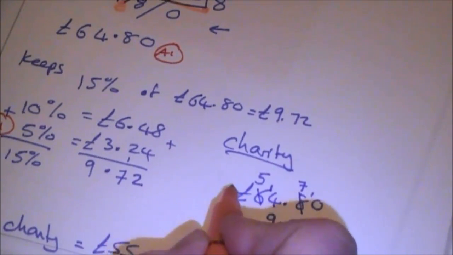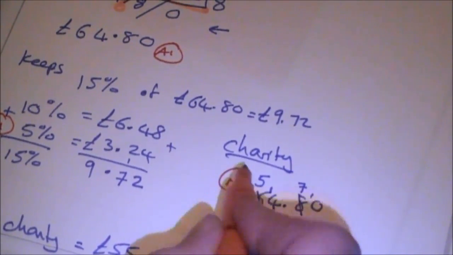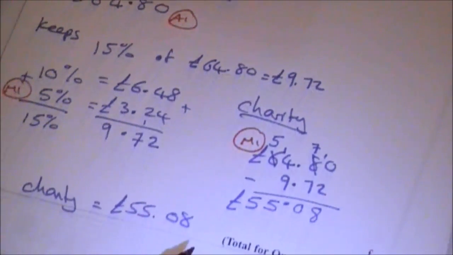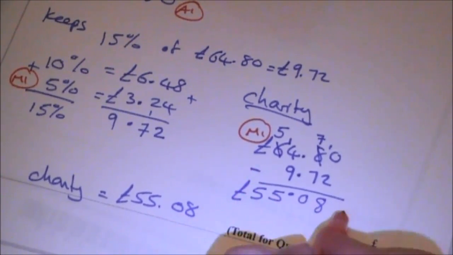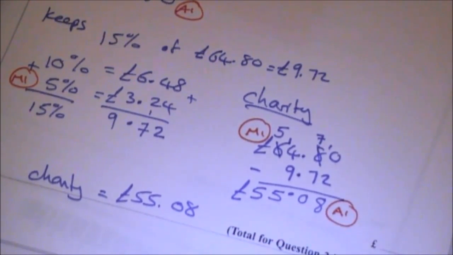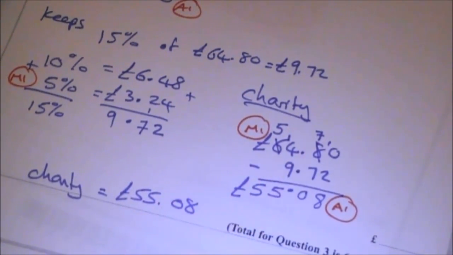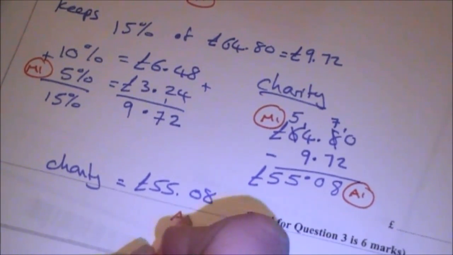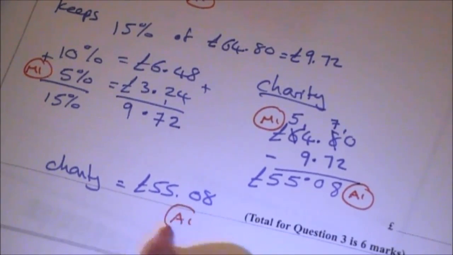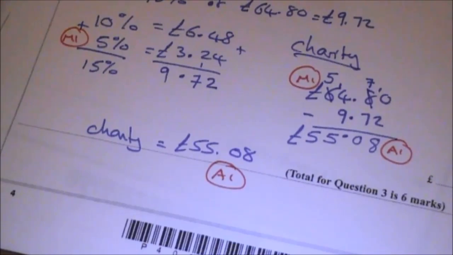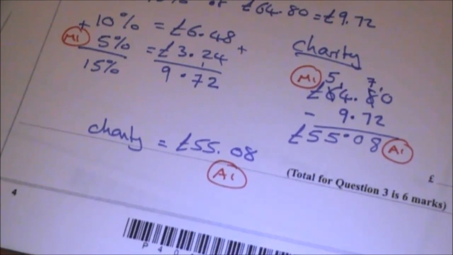Then you get a method mark over here for showing that you are aware that you need to subtract the amount that you found from the original amount. You then get an accuracy mark here for having the 55.08, the answer to that sum, and then there's an additional A1 mark for the correct answer. And that's it, 6 marks.